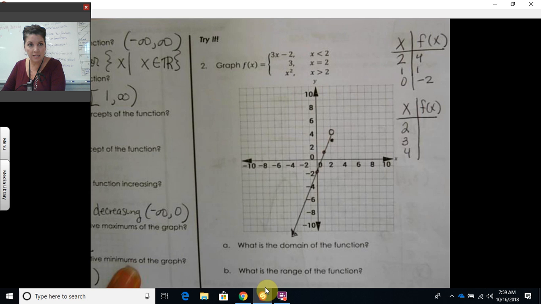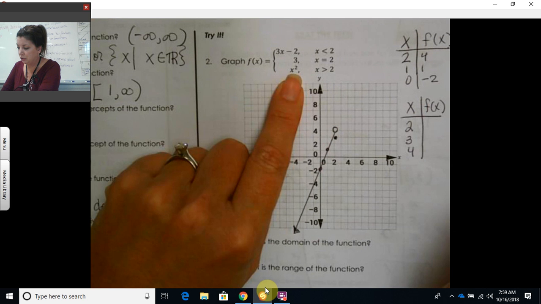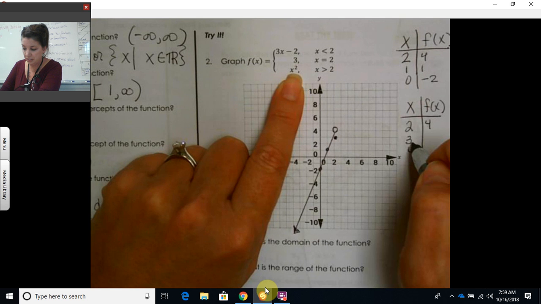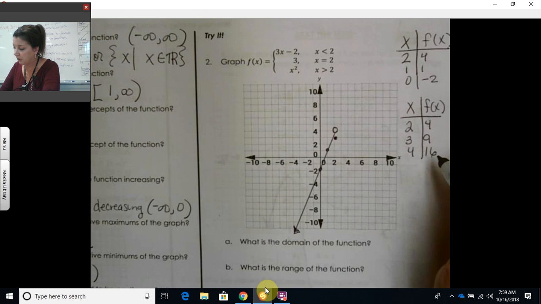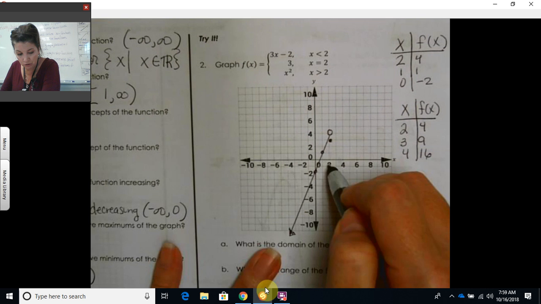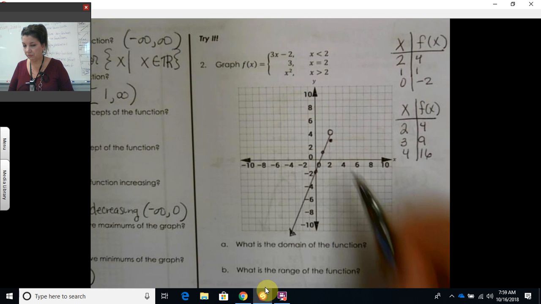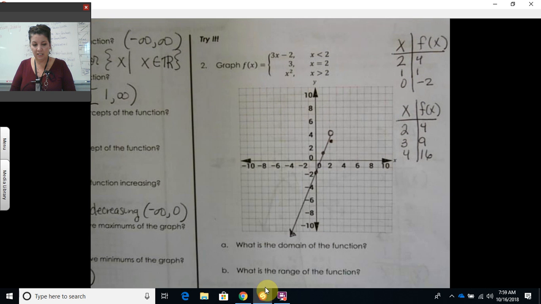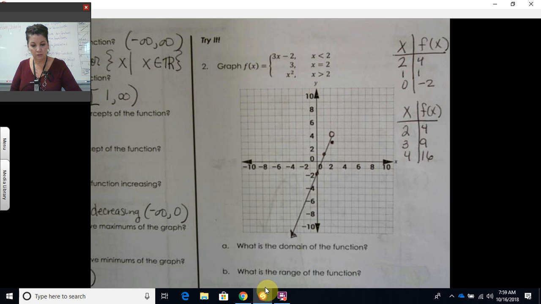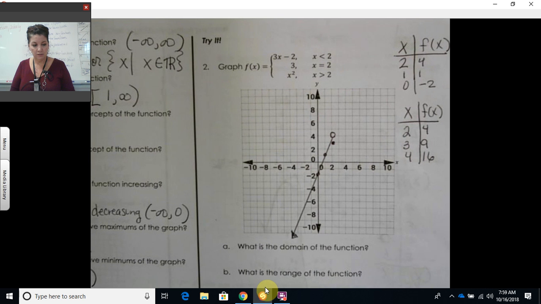So when x is 2, 2 squared is 4. When x is 3, 3 squared is 9. When x is 4, 4 squared is 16. So I'm getting off my graph. So 2 comma 4. And does it include that value of x? No. And so there's already a point there, right?